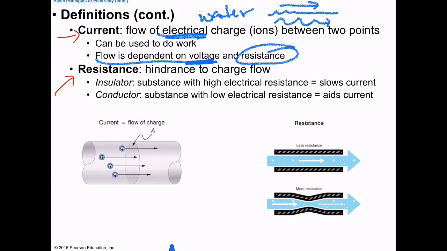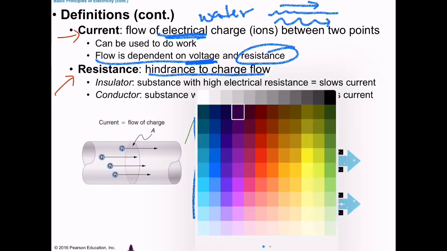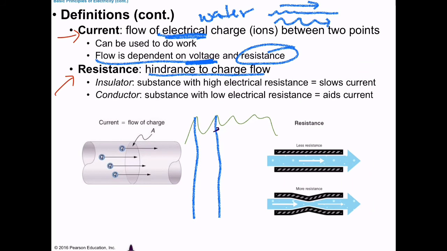Resistance is the hindrance to the charge flow. Say here's a mountain, and there's two streams. Here's one stream, and there's another stream, but maybe the second stream has boulders and rocks in the way, and instead of being completely straight and linear, it curves around them.